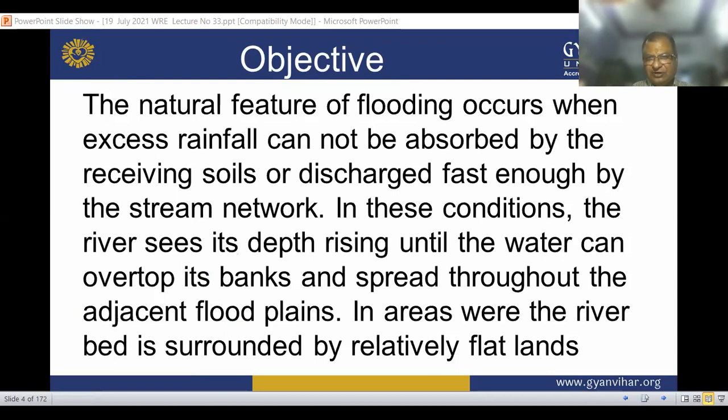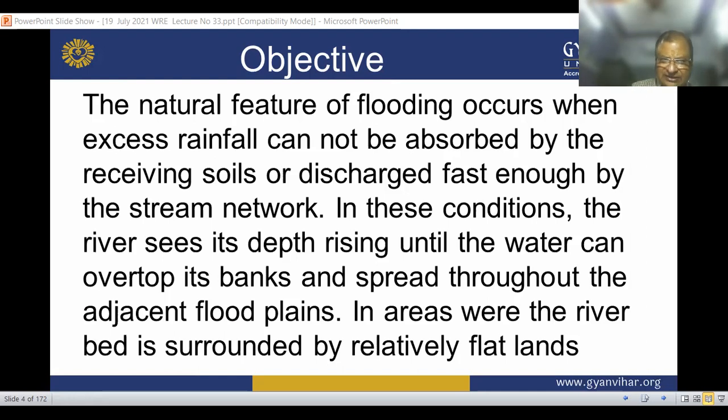The natural phenomenon of flooding occurs when excess rainfall cannot be absorbed by the receiving soil or discharged fast enough by the stream network. In this condition, the river sees its depth rising until the water can overtop its banks and spread throughout the adjacent floodplain.